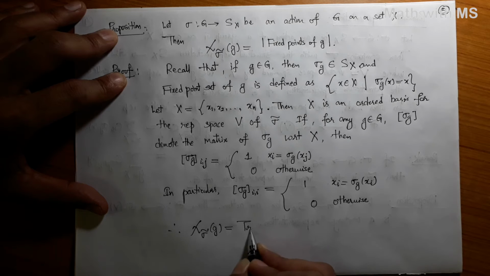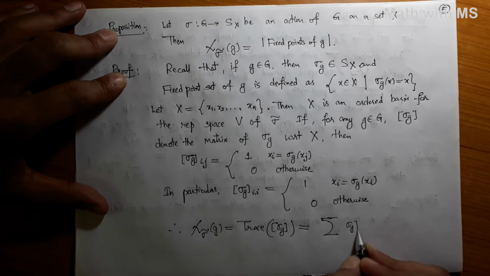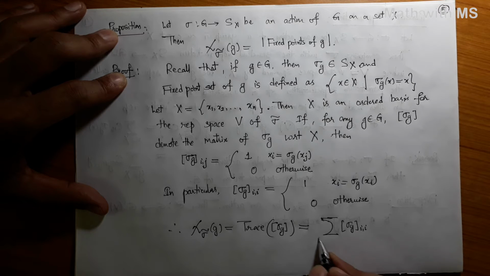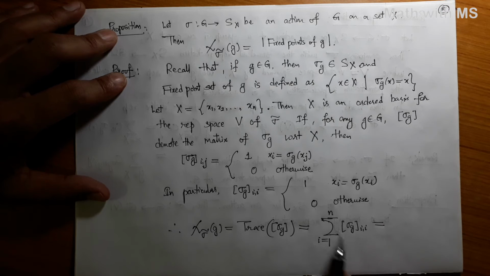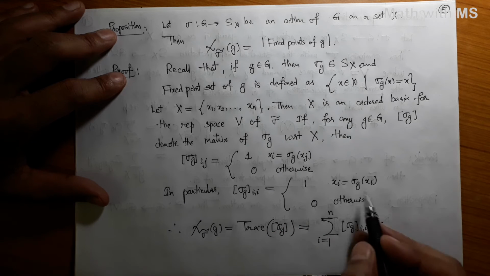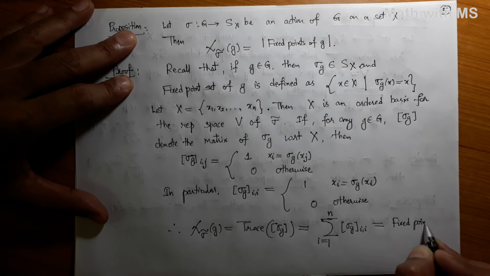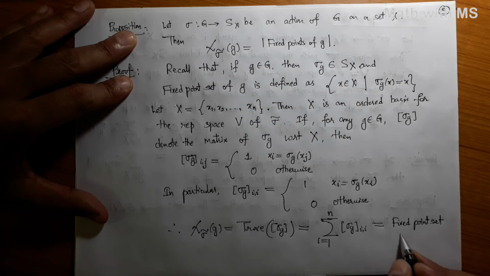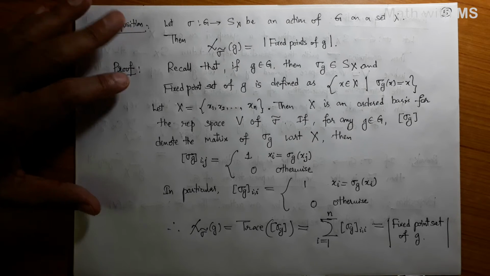This by definition is the trace of this matrix sigma_g, which is by definition the summation of the diagonal entries from 1 to n, and that is going to be counting the number of ones. And the ones are precisely the number of fixed points from the basis. So that is the cardinality of the fixed point set of the group element g. So this proves the proposition.